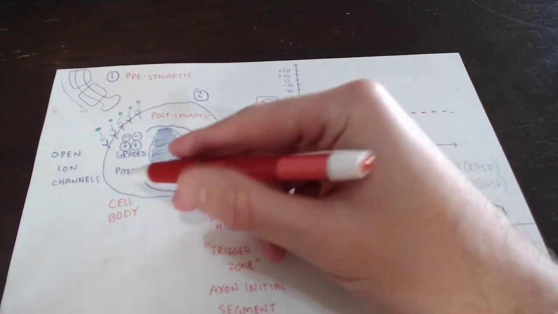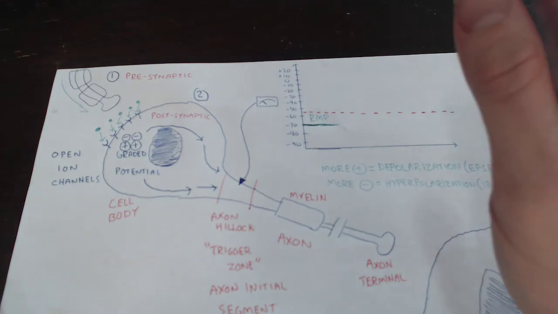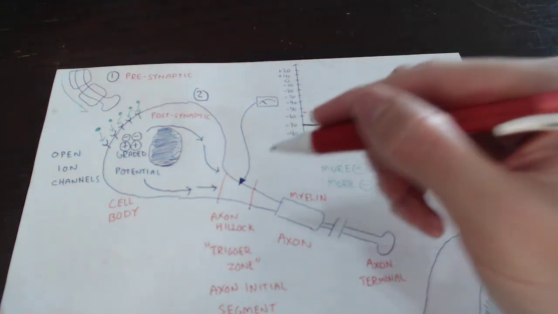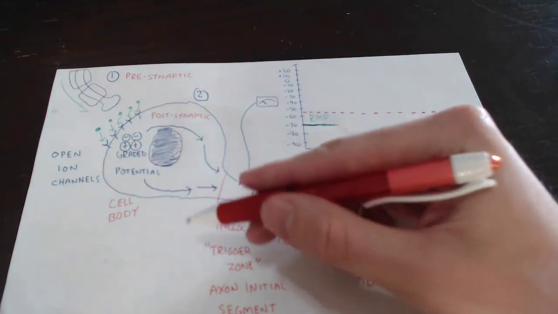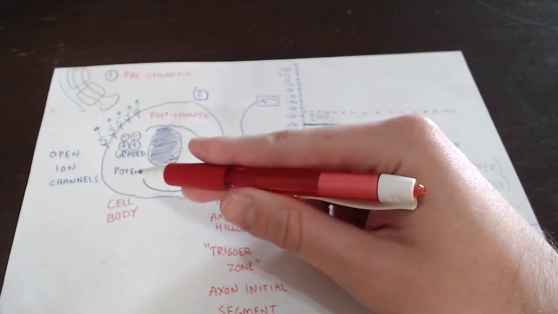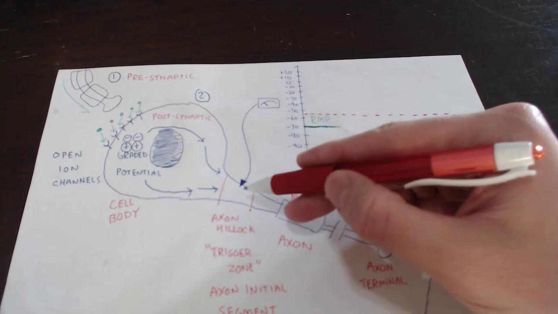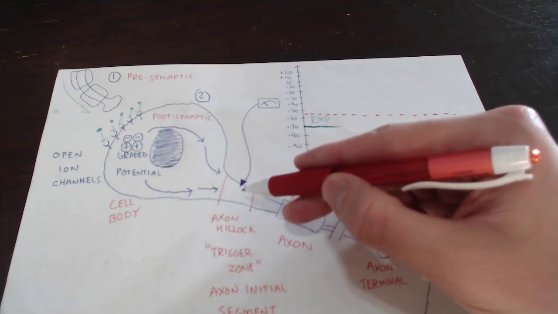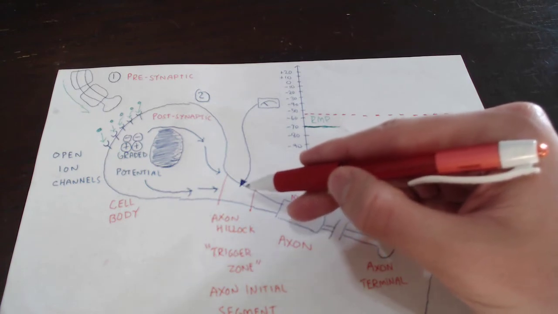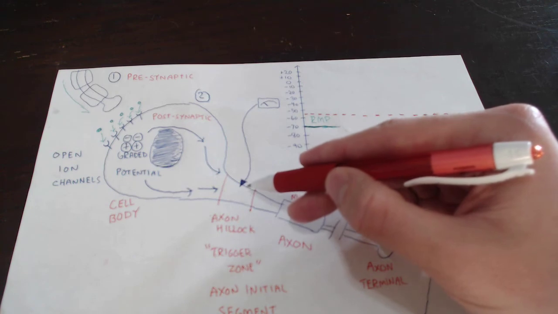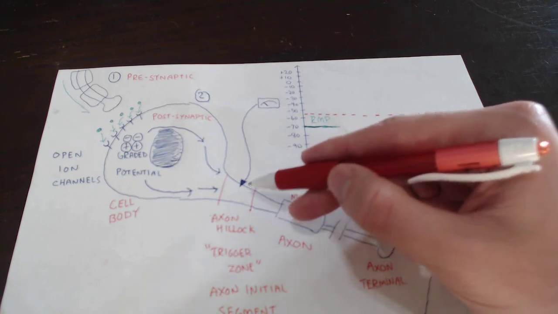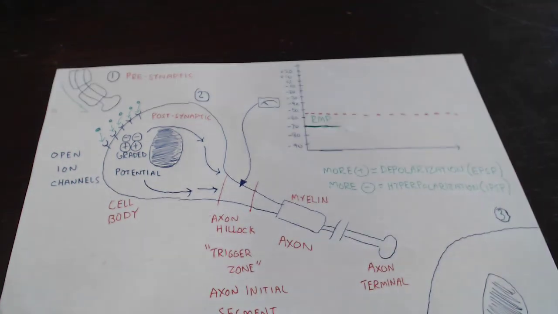Getting any sort of other changes elsewhere is not really going to do it for us. Our requirement for getting an action potential: that graded potential has to spread to the axon hillock, and we have to depolarize the membrane at the axon hillock to at least -55 or above. Anything less than that will not give us an action potential.